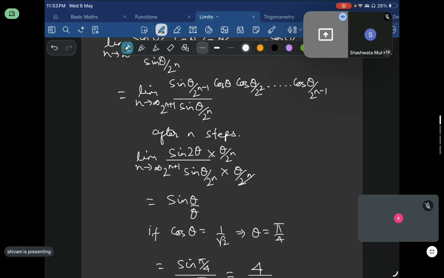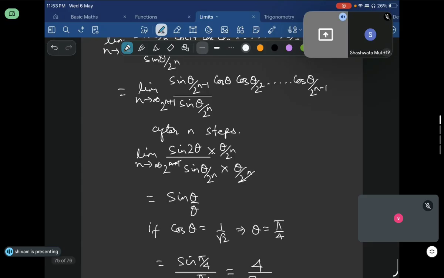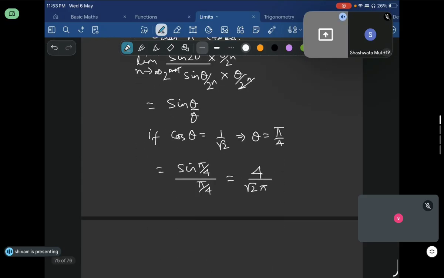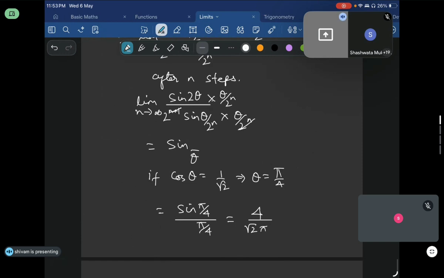So these two will get cancelled. Only 2 will be left in the denominator. I think now we should get the answer. So we have got sine 2 theta divided by 2 theta. This is what we are going to get.